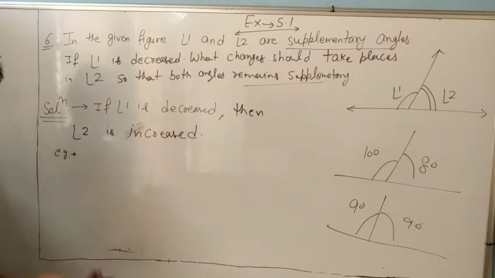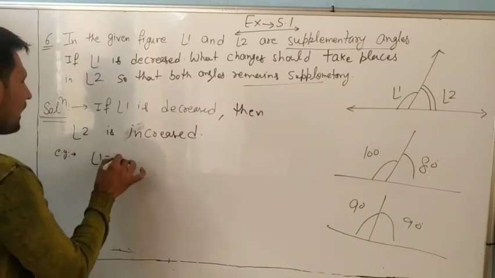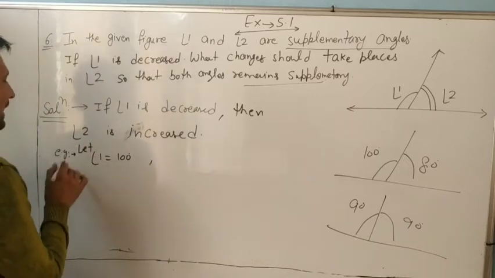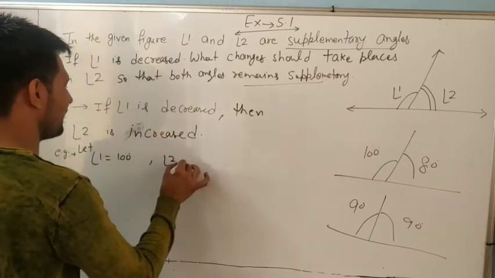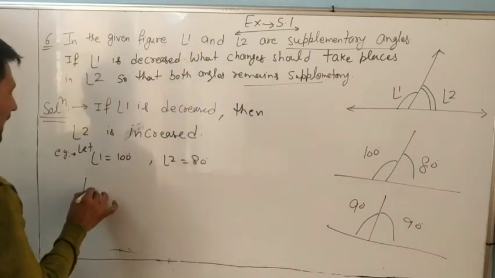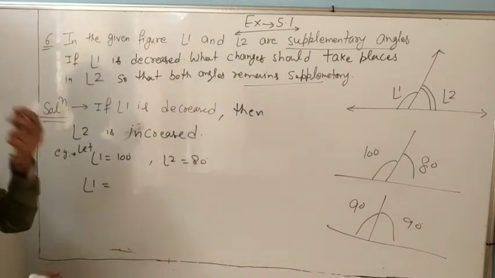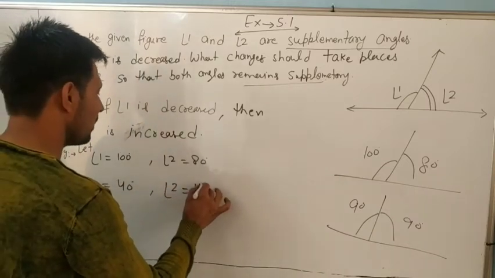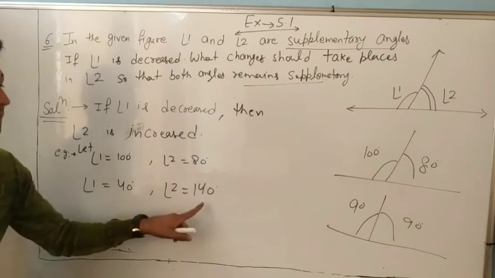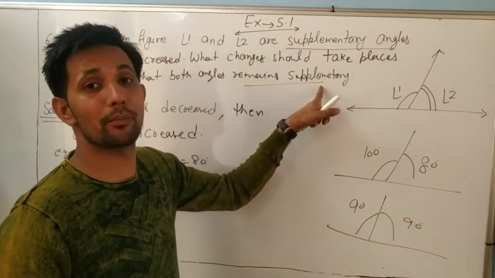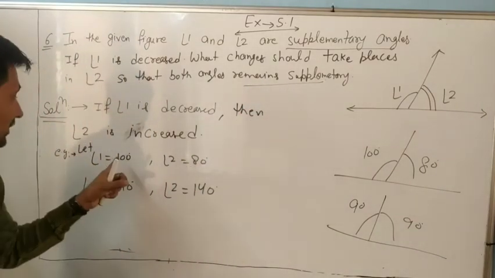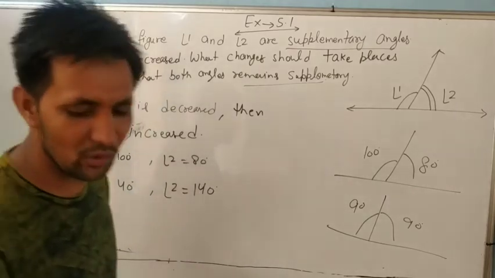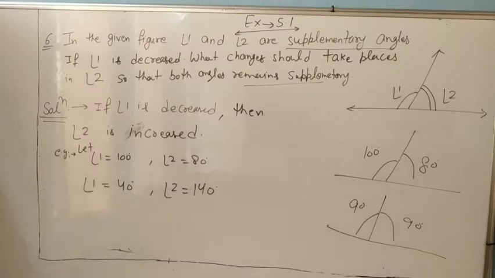You can write, if you want, angle 1 equal to 100 degrees and angle 2 equal to 80 degrees, and now angle 1 is suppose 40 degrees. So how much is angle 2? Angle 2 is 140, because the sum remains supplementary, 180. That means angle 1 is decreased, angle 2 is increased. Okay, dear. So please note it down. Okay, very simple, dear.